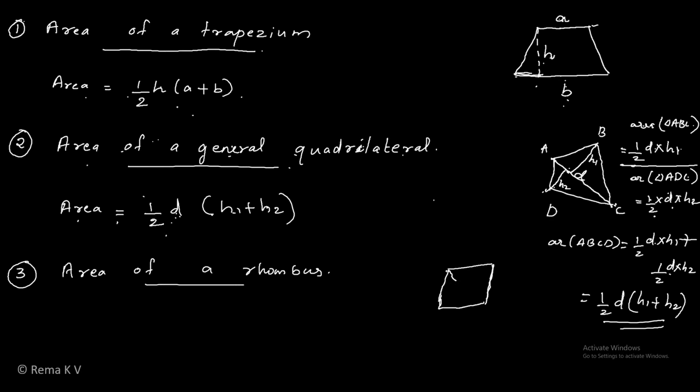Here, the diagonals are given as D1 and D2. The first diagonal is D1 and the second diagonal is D2. Then the area is half D1 D2. The area of a rhombus is equal to half into D1 into D2, where D1 and D2 are the lengths of the diagonals.